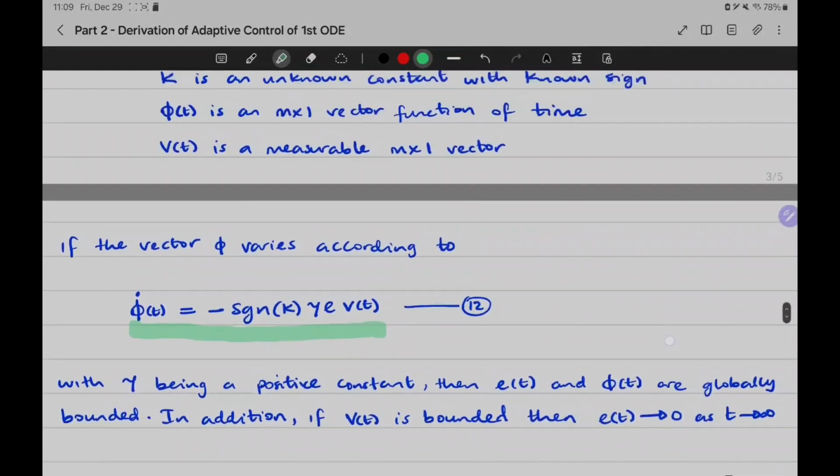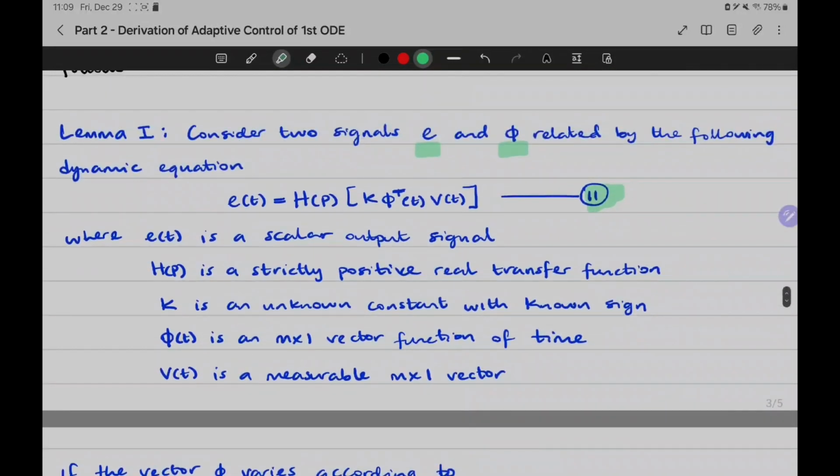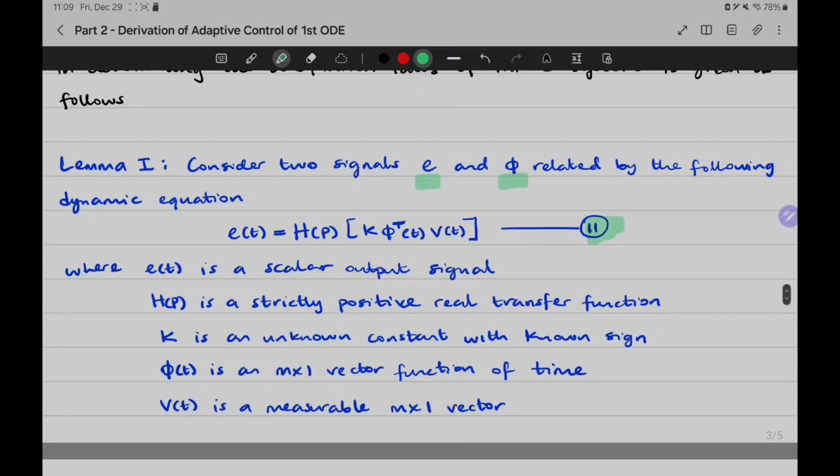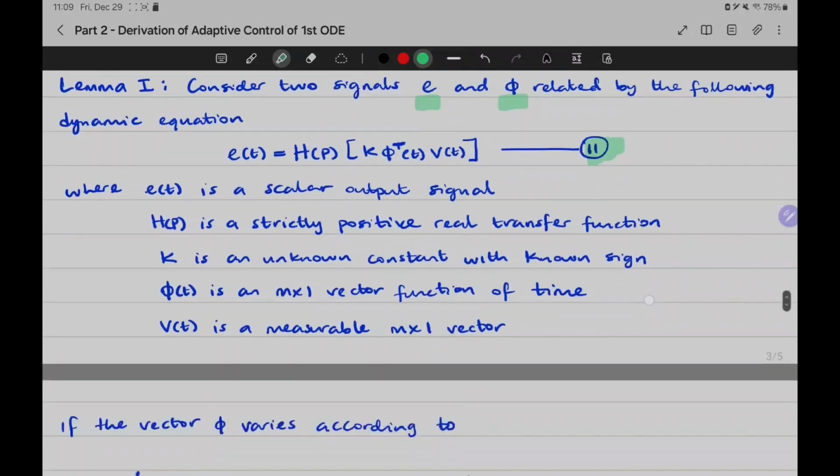Let me scroll back up a little bit here and recall what we have. We have H of p, which is a positive real transfer function. Again, it's a transfer function, that's why we had to use the Laplace operator. Then you have this term inside the brackets.